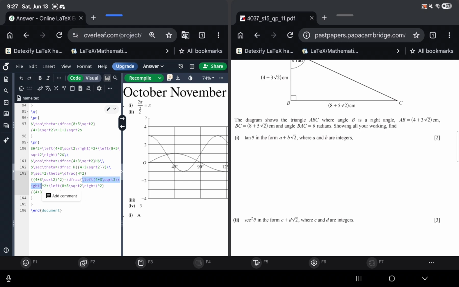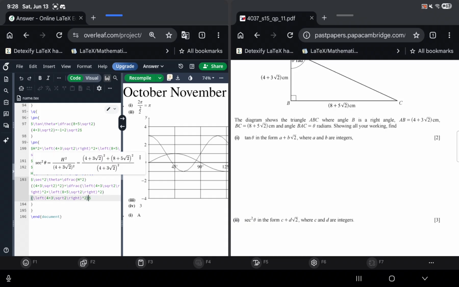Left, right, is equal to 1 plus this entire thing squared.